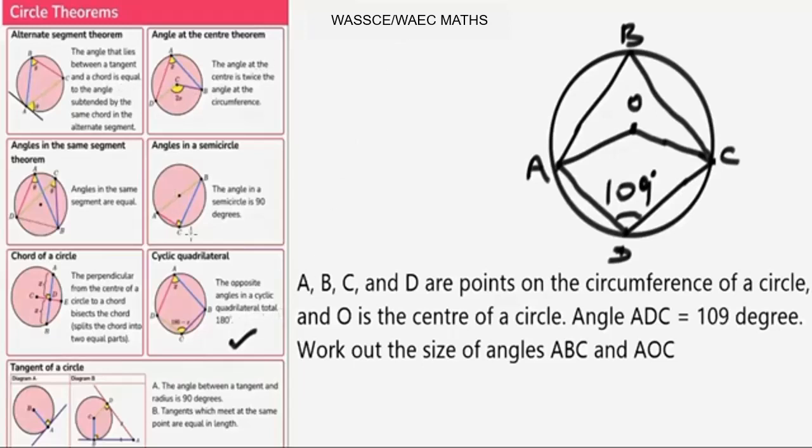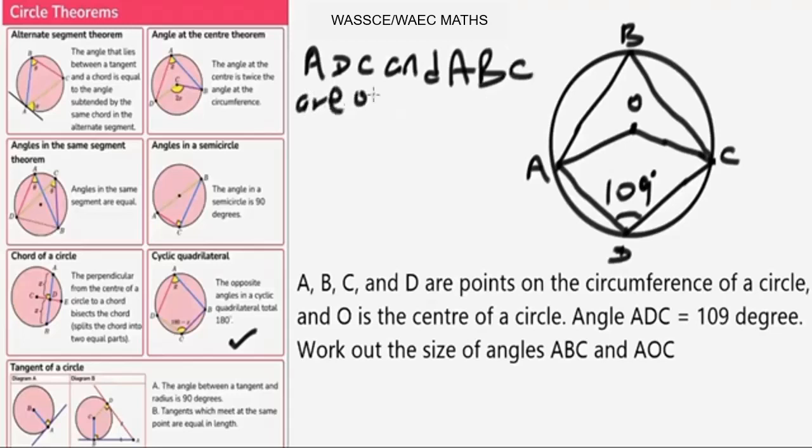When you look closely at this question, you also observe that angle ADC and angle ABC are opposite. Let me write it. Angle ADC and angle ABC are opposite.